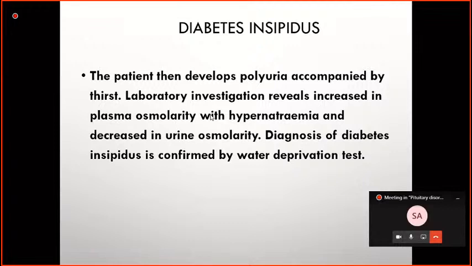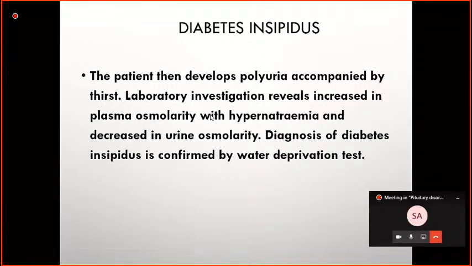So what is the function of vasopressin? It is for water retention. When you have a decrease in vasopressin, you would expect an inability to conserve water. That means you will excrete a lot of water through urine, so you will have polyuria. When you excrete a lot of water, you would expect your urine to be very dilute.